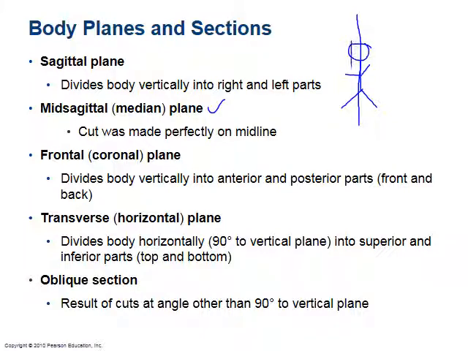A sagittal might be slightly off to the side. It's still dividing into a right half and left half. A frontal or coronal is when you're going to divide into an anterior and posterior part. A transverse is when you're going to divide into a superior and inferior, and oblique is if you're going to cut at an angle.